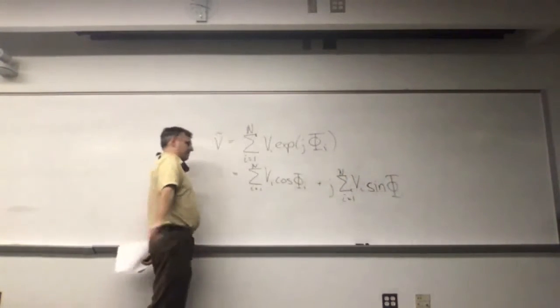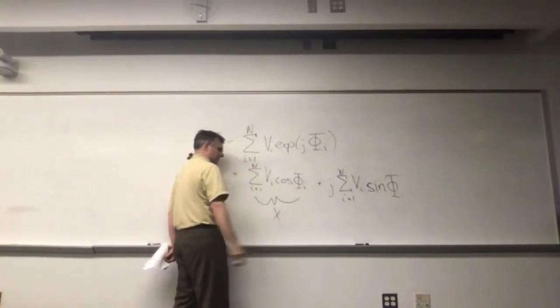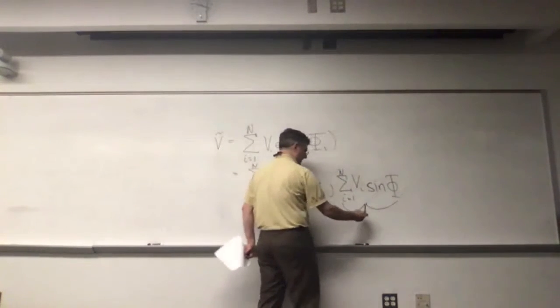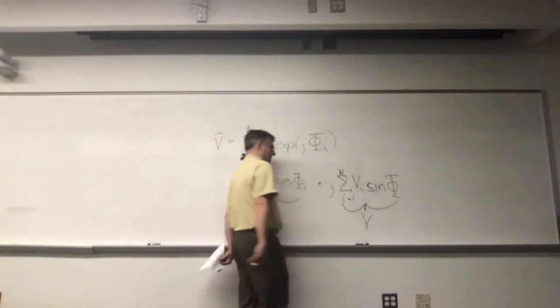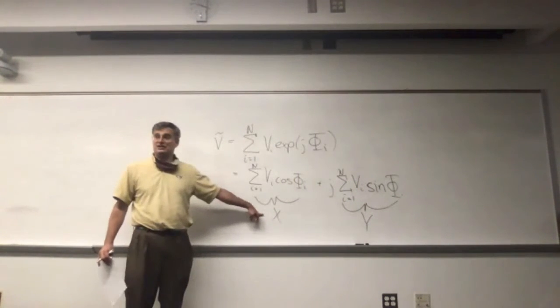And I said, I'm going to add up a bunch of stuff. That's going to give me a random variable x. It's a zero mean Gaussian. And I'm going to add this stuff up. That's going to give me a random variable y. It's also a zero mean Gaussian with the same standard deviation as this.